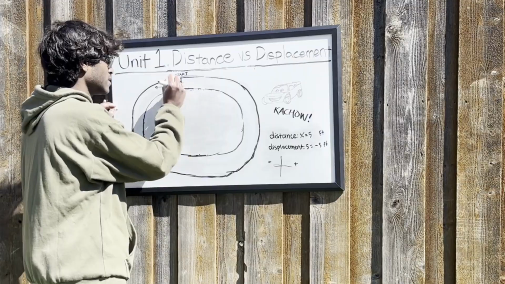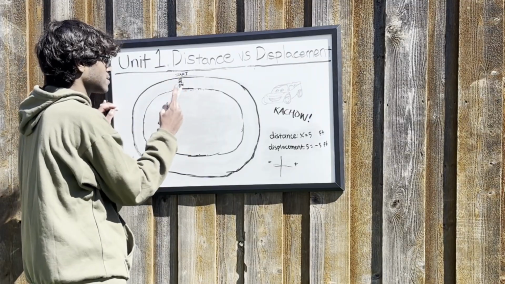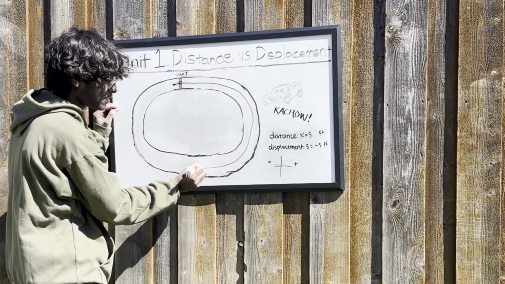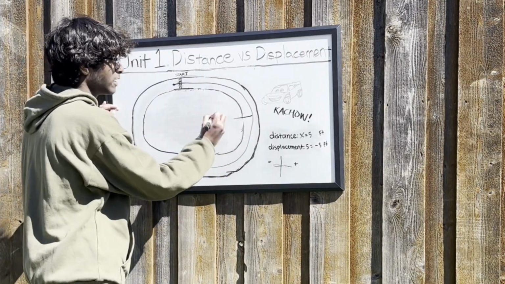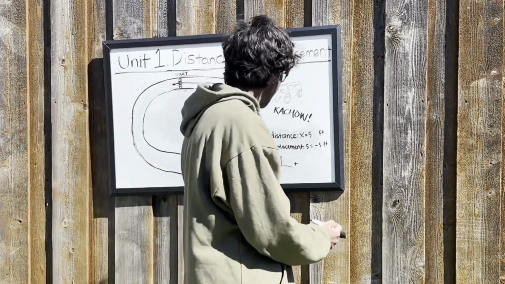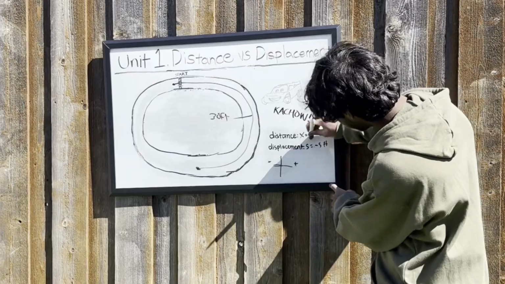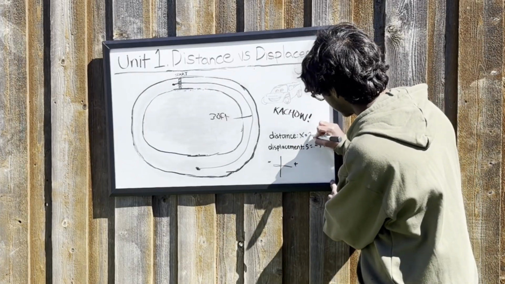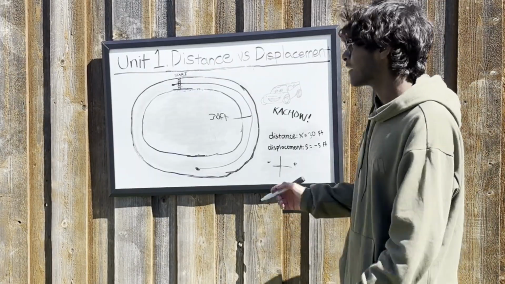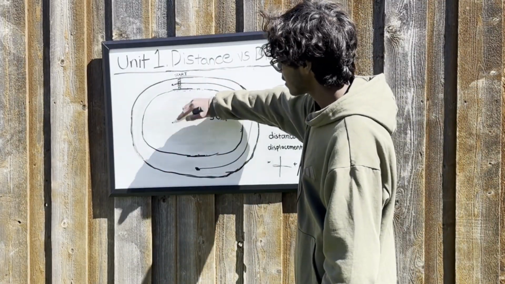Now, say Lighty McQueen decided to go around the racetrack and stop right down here. He went 30 feet. That means his total distance is 30 feet. But what is his displacement? Well, this is the origin point.